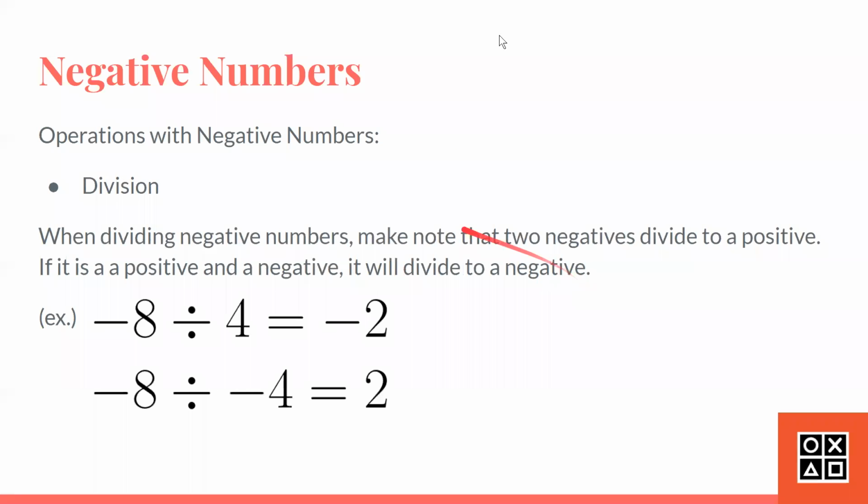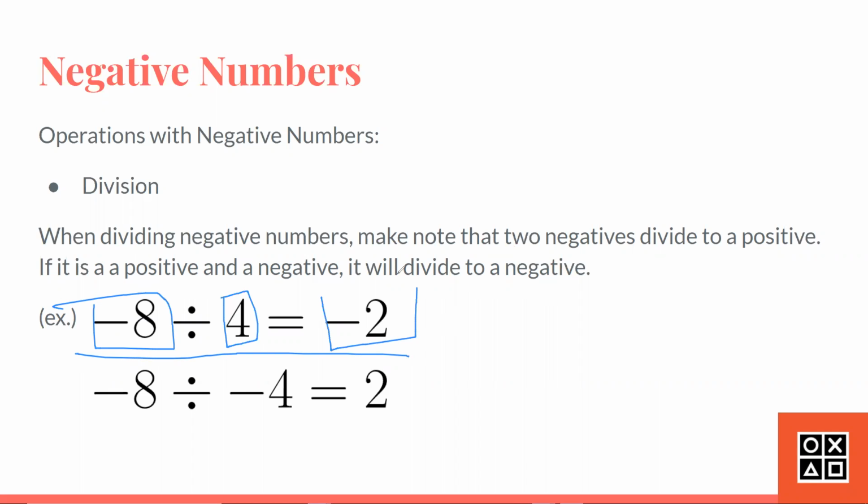All right, lastly, there's division. When dividing negative numbers, make note that the two negatives divide to a positive. If it is a positive and a negative, it will divide to a negative. So these are the same rules as multiplication. Just in this case, you are dividing. So if it's a negative divided by a positive, the answer will always be negative.